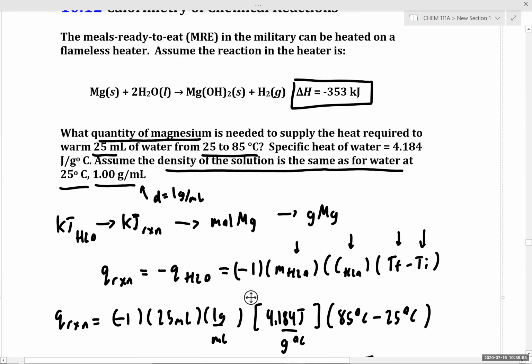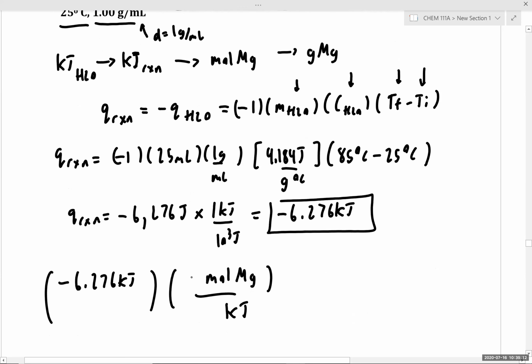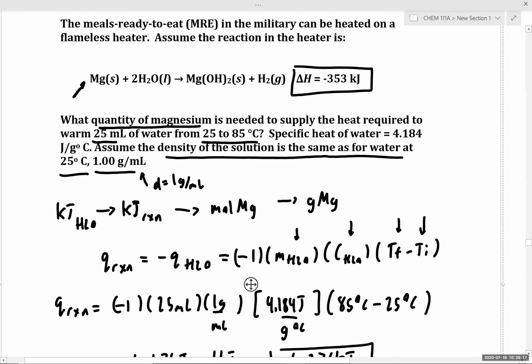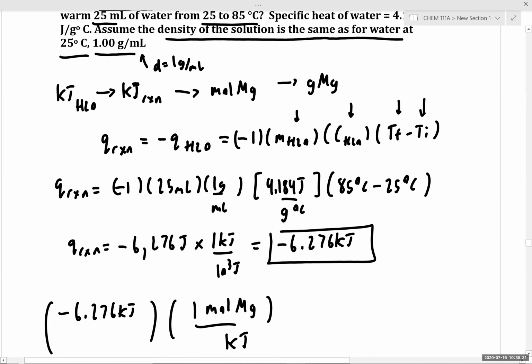Looking at our equation, how many moles of magnesium react in our thermochemical equation? 1. 1, okay. Continuing on, how many kilojoules of heat are released by this reaction? Negative 353. Exactly right.